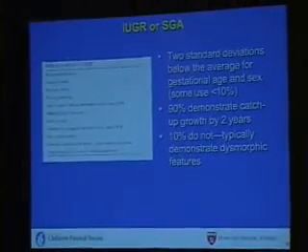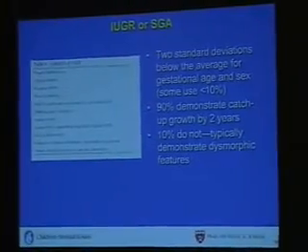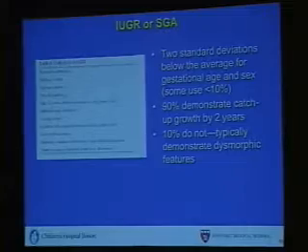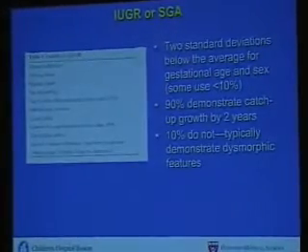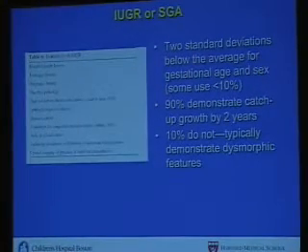Okay. So just to get IUGR out of the way, because I think this tends to come up a lot. There are 2 definitions of IUGR and SGA. The one I like is 2 standard deviations below the average for gestational age and sex. Some actually use less than 10%. But less than 10% then means you're evaluating 10% of the kids that are out there.